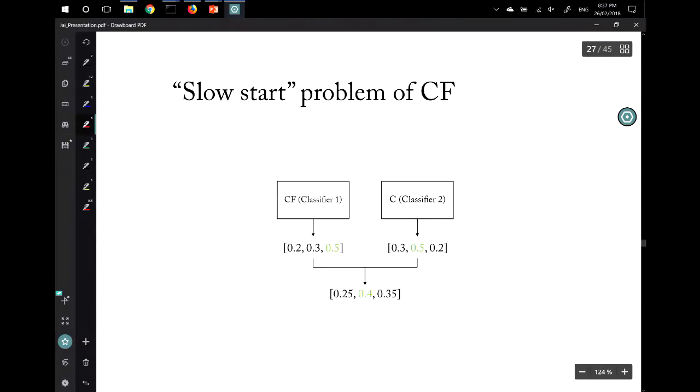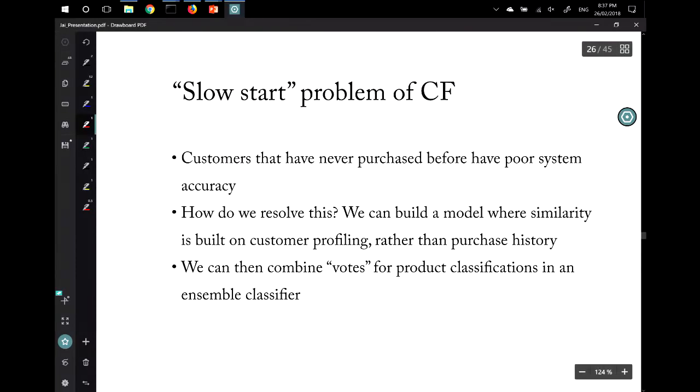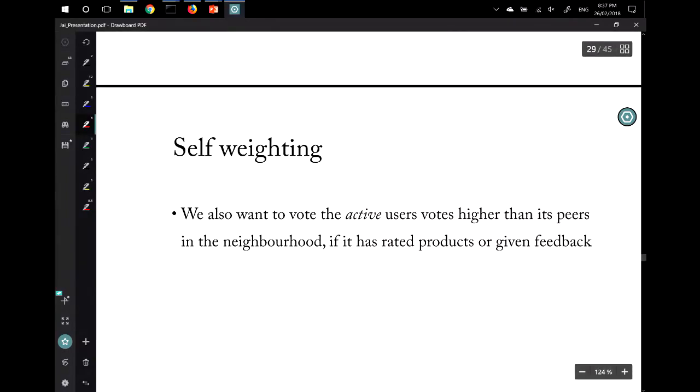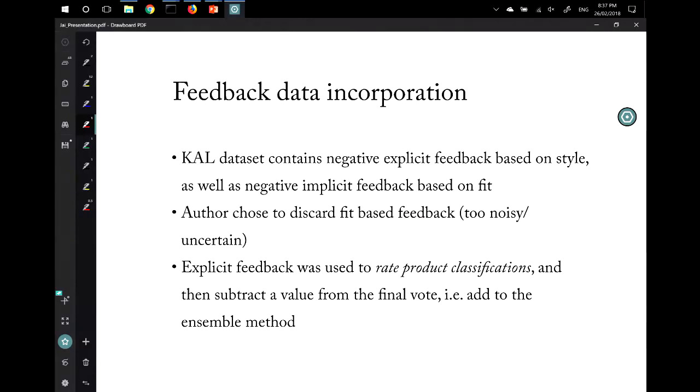Again, they use an ensemble classifier, and I think we'll cover ensemble classifiers as well. Finally, they also incorporate feedback. Every time you send something, the customer can leave some kind of feedback, maybe it doesn't fit me or whatever. So how to incorporate that into the model as well?